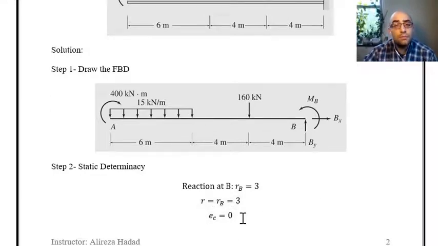EC is equal to 0 because I don't have any hinge or roller along the length of the beam. If I had, I would include those values as EC. As you may remember, whenever we have a hinge, EC is equal to 1, and whenever we have a roller, EC is equal to 2. But over here, I don't have any of those, so EC equals 0.